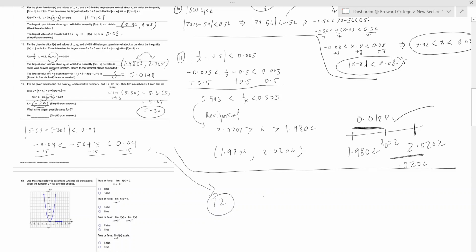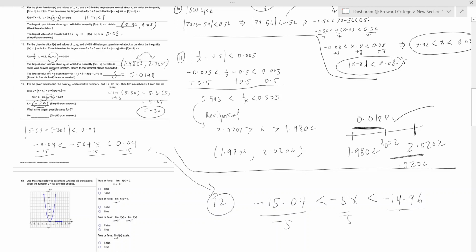It gives me negative 15.04 is less than negative 5x is less than negative 15 plus 0.04, that is 0.04 minus 15, which is negative 14.96. Because there is a negative 5, we can divide by negative 5.